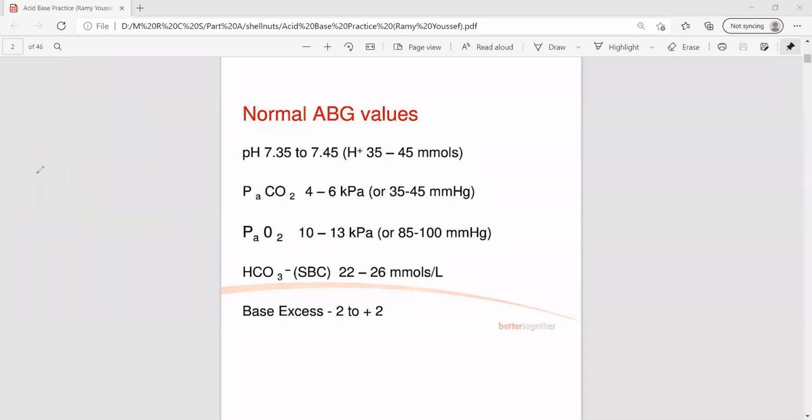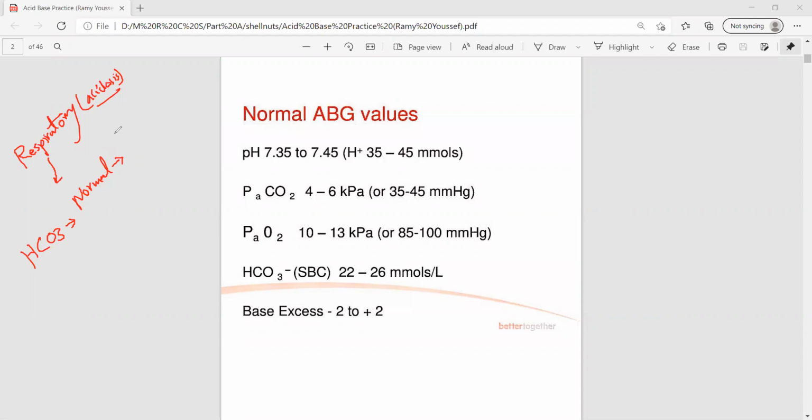Who can answer me this question? If I find a respiratory problem, maybe respiratory acidosis, and I found the HCO3 within normal, what do you expect the condition to be?